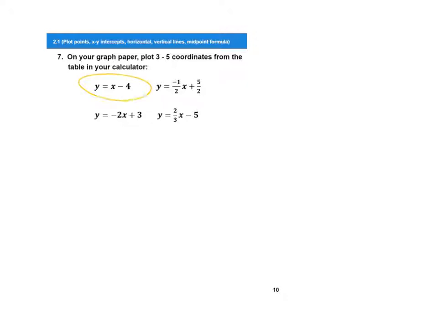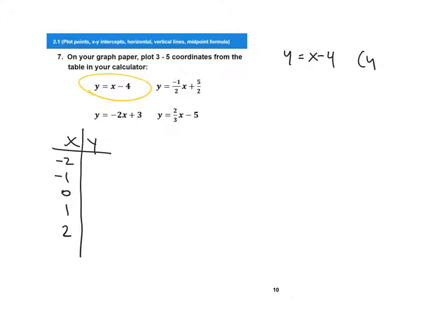So let's take this first one. If I have x, y, and I want to create a data table, I'm going to start at negative 2, negative 1, 0, 1, 2. And so I would just take y equal x minus 4 and put that into the y equal on your calculator, and then type second graph, and that takes you to your table.